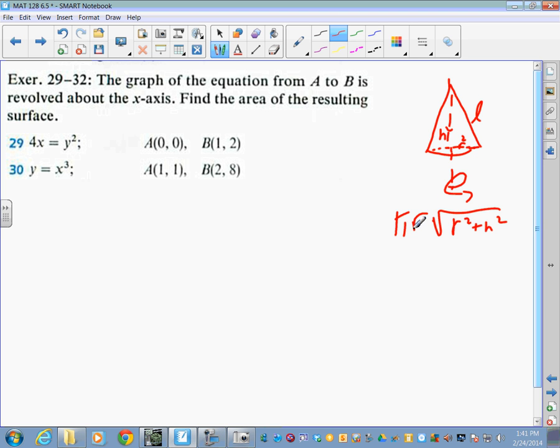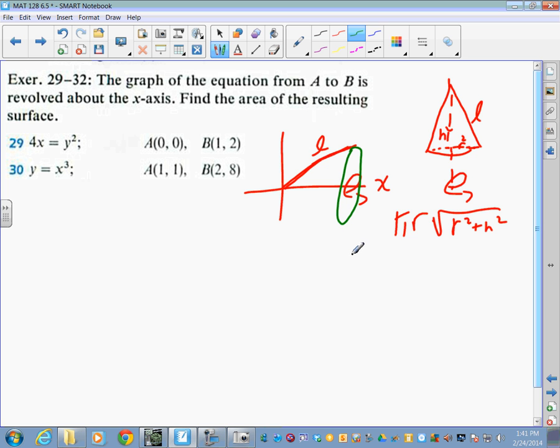So it stands to reason that if I put this on its side and rotate around the x-axis, and I have this line, and I use this as L, and rotate it around the x-axis, I can multiply that length, which is the slant height, by pi r and find the surface area of that cone.